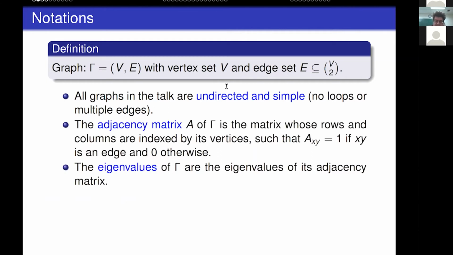The adjacency matrix is a matrix indexed by the vertices such that the x, y entry is 1 if x is adjacent to y, and 0 otherwise. And the eigenvalues of gamma are the eigenvalues of its adjacency matrix. Note that they are all real numbers and that the adjacency matrix is diagonalizable.